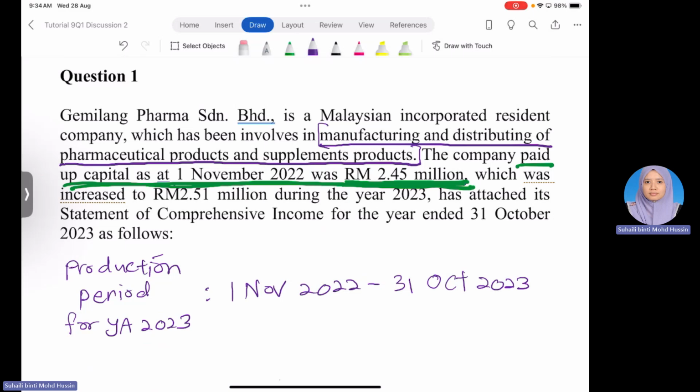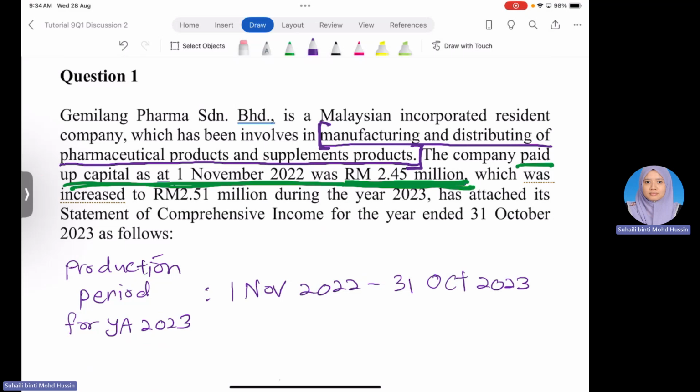First thing, when you see the question, you have to check what they are running the business for, what they are producing. In this company, Gemilang Pharma Sdn Bhd operates as a manufacturer of pharmaceutical products and supplement products. This is their main business.